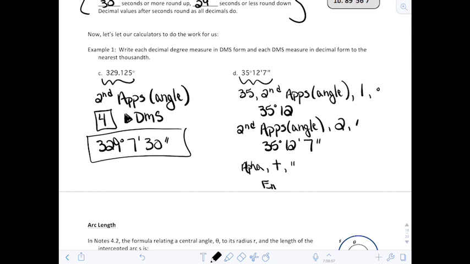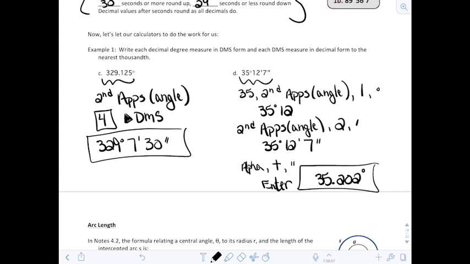And then when we hit enter, it will make that degree, minute, second all into decimal degrees, which is 35.202 degrees. So, should be very easy to do that.